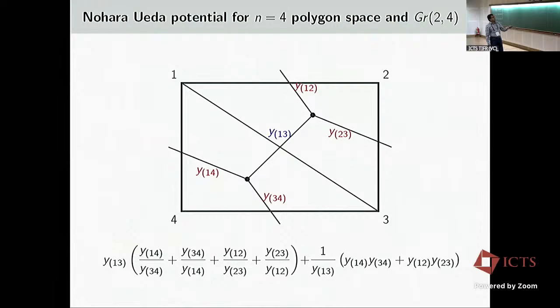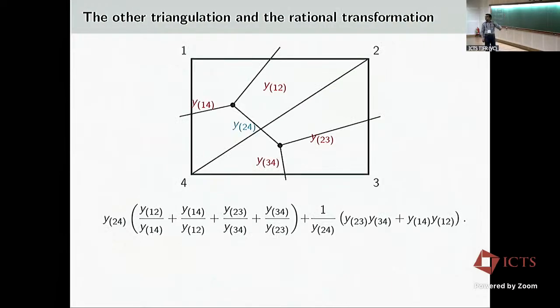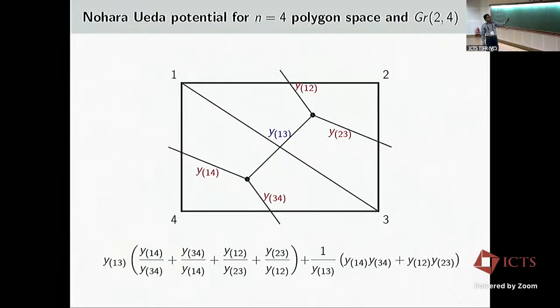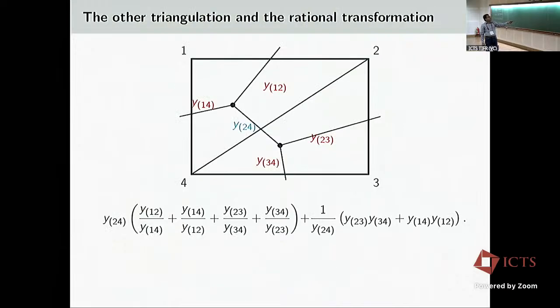If you take another triangulation by taking the different diagonal, you get a different tree. Here y12 and y23 are attached to one vertex, and here they are attached to different vertices. It's exactly the same phenomenon that we have seen earlier, like the mutation of graphs.